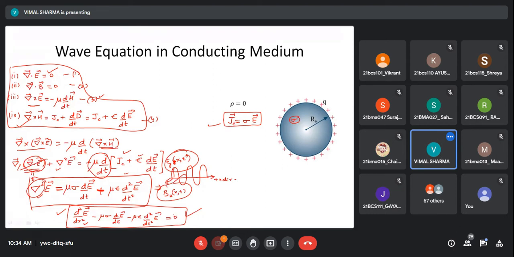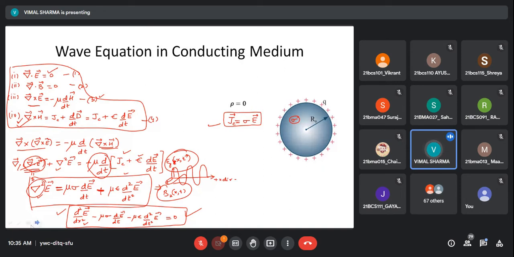To write the wave equation for the H component, we take curl of equation number 4, and then following the same steps, the same procedure, we can write a wave equation for the H component of the electromagnetic wave.